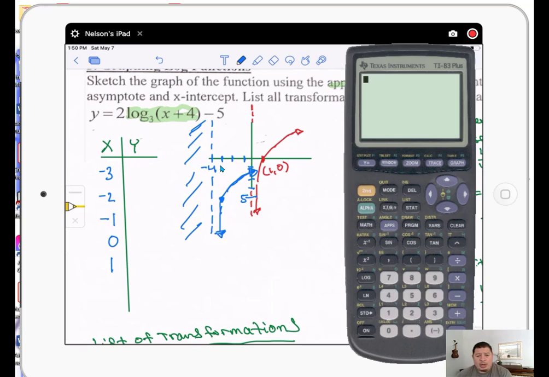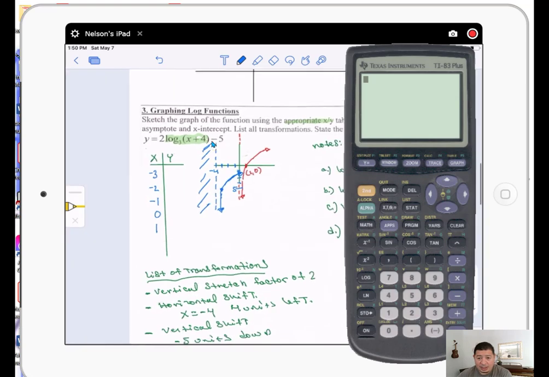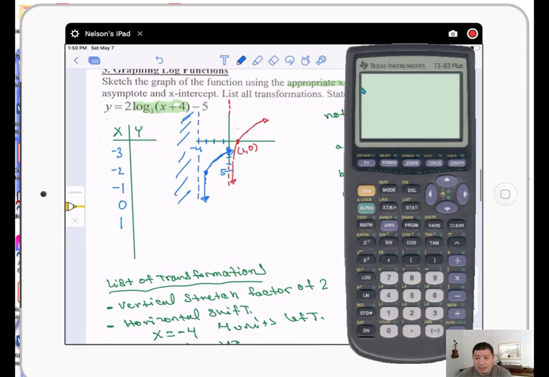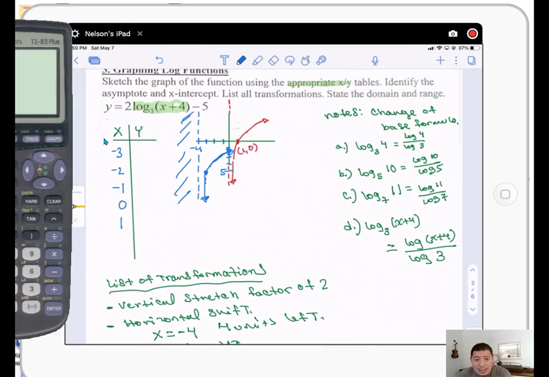So what I'm going to do now is input -3 into here. Remember what I said earlier: we need to be able to use our change of base formula. Let me move my calculator out of the way. If I input -3 into here, think about it logically. How much is -3 plus 4?